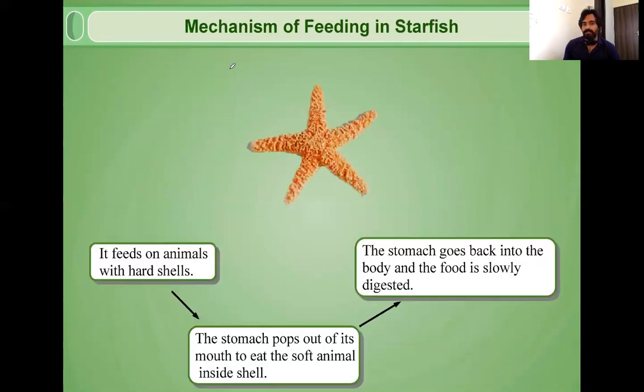Okay, this is funny. They have given it in NCERT, so I thought to include it. Starfish, if you see, has no mouth per se, but it feeds on animals which have a hard shell, like a snail.